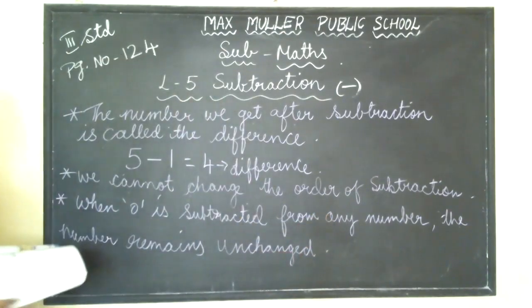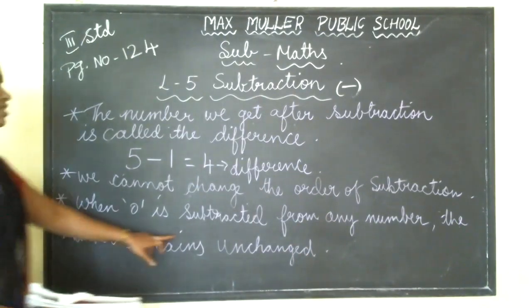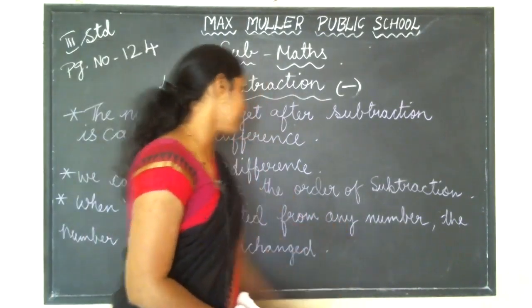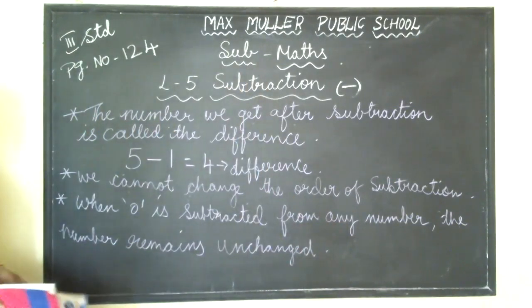So the third point says, when 0 is subtracted from any number, the number remains unchanged.